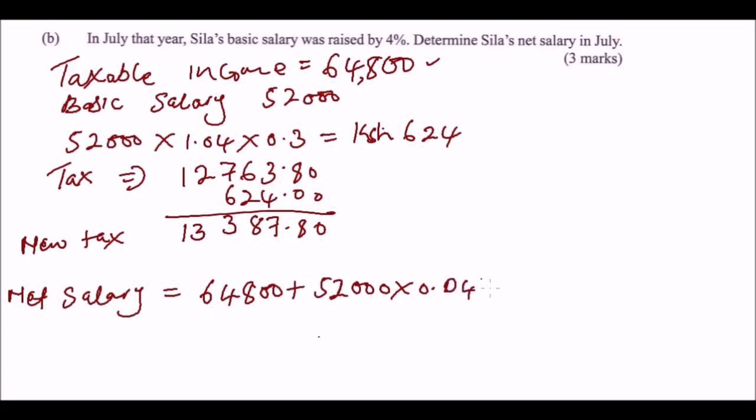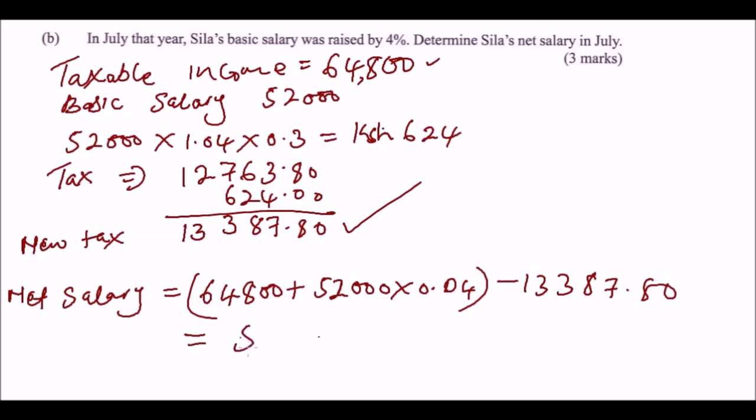That is the salary increase, and then we minus the new tax, which is 13,387.80. Then your net salary should come to 53,492 and 20 cents. So this is the net salary for that month.